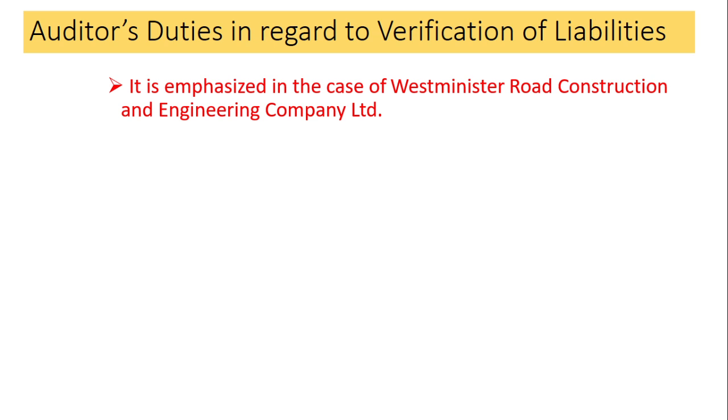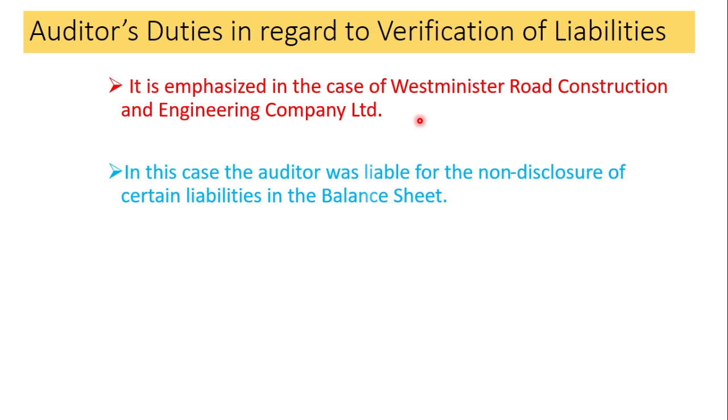The auditor's duty in regard to verification of liabilities is emphasized in the case of Westminster Road Construction and Engineering Company Limited. In this case, the auditor was held responsible and liable for non-disclosure of certain liabilities in the balance sheet.